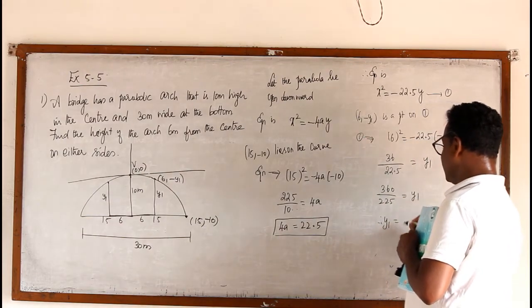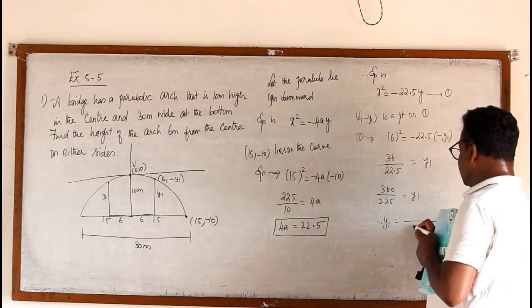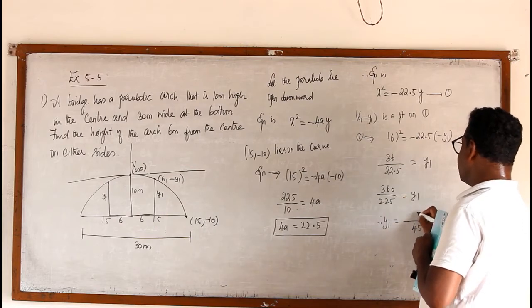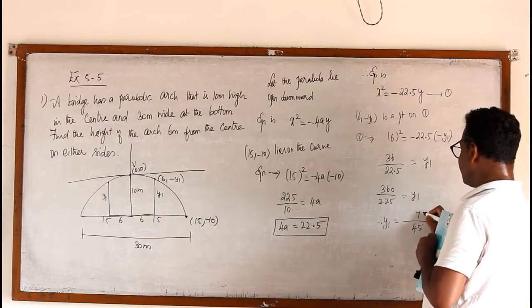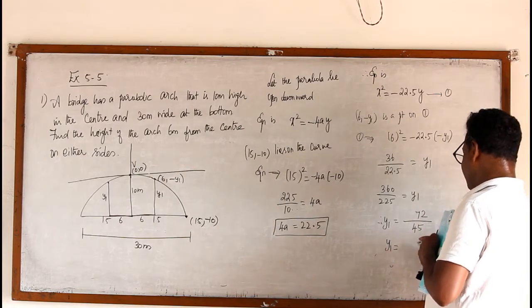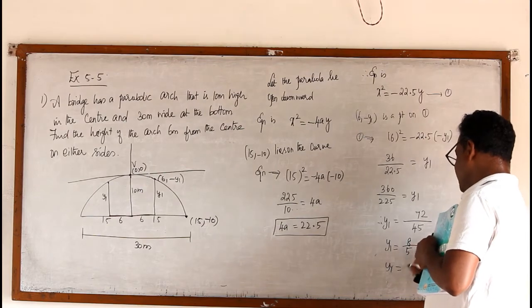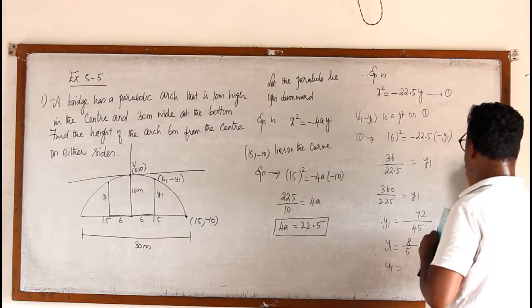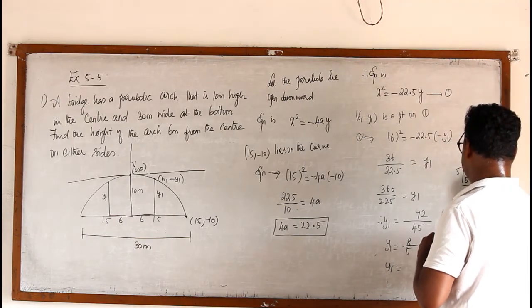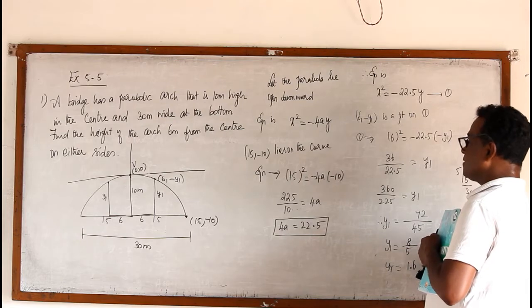Therefore y1 is, when we divide by 5 and then by 9, 8 by 5. So y1 is 8 by 5, which is 1.6 meter.